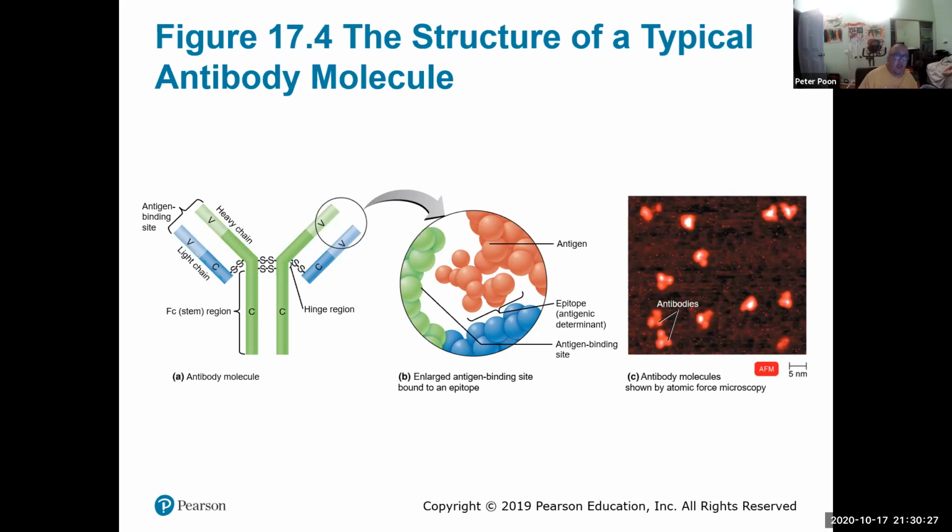That's what gives you immunity to all these different antigens. That's why you can fight off a variety of diseases. So here you can see the epitope attaches to the antigen binding region of the antibody.